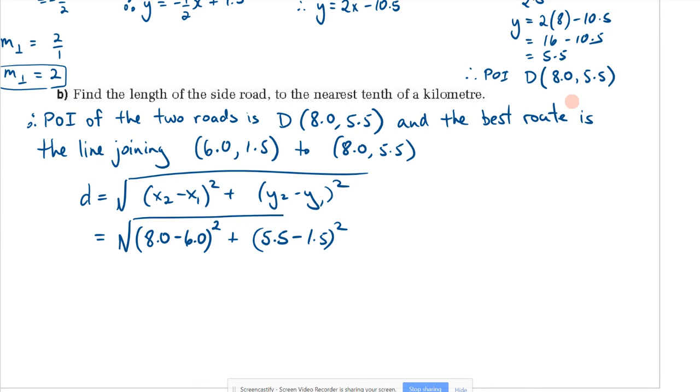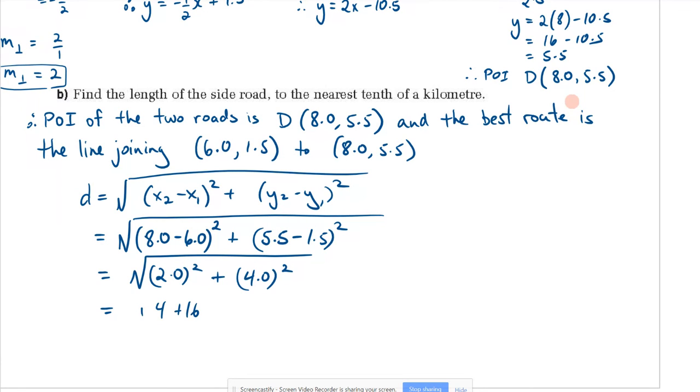All of that under the square root sign. On my next line, I'm going to have 2.0 squared plus 5.5 minus 1.5 is 4.0 squared, all under the square root sign. 2 squared is 4, 4 squared is 16, 4 plus 16 is 20, and the square root of 20 is about 4.5 approximately.